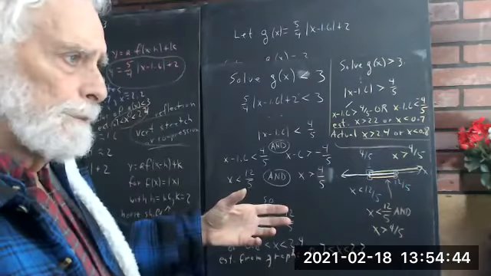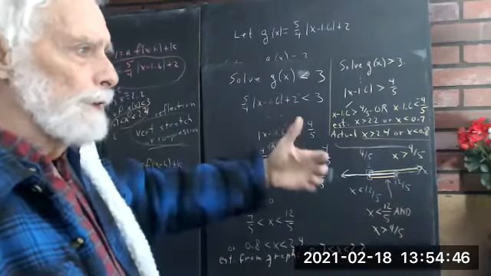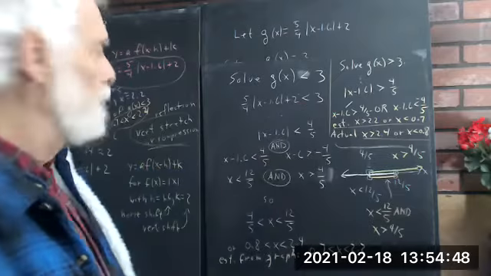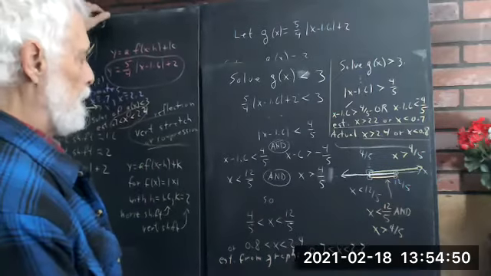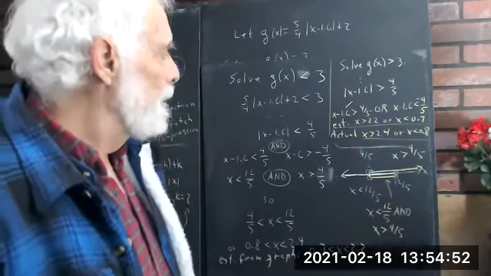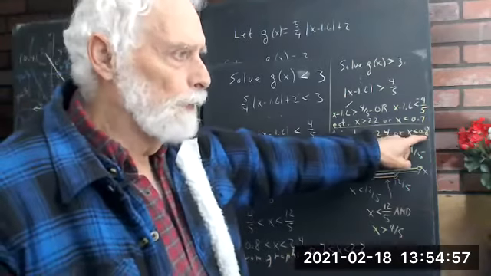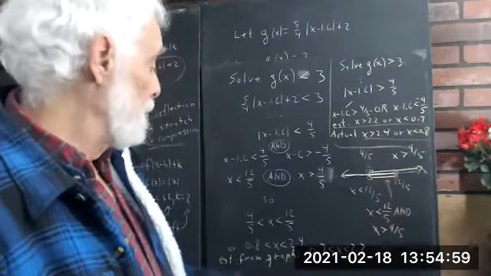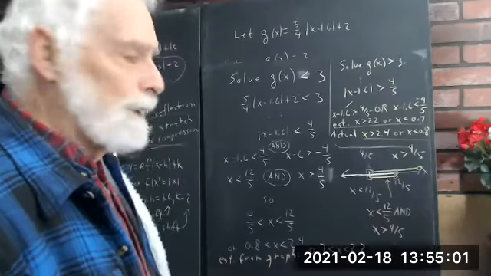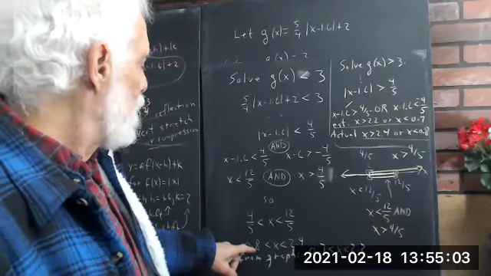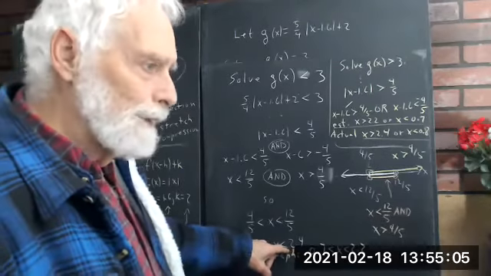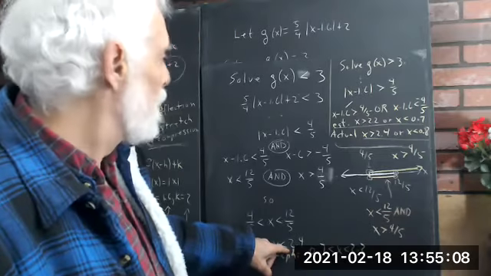So what you've done is you've partitioned the x-axis, you've split it up. It consists of, for this solution, everything greater than 2.4 or less than 0.8. For this solution, everything greater than 0.8 and less than 2.4.